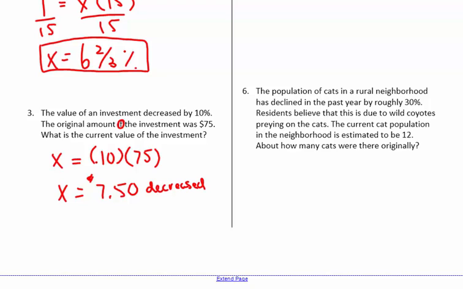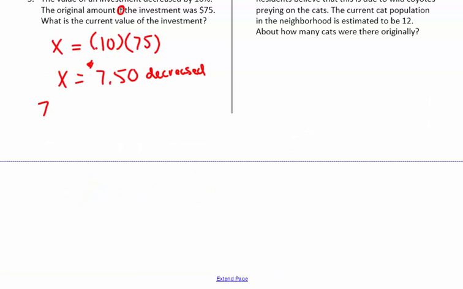Now this only tells us how much it decreased. This will not tell us what the current value is. So I take the $75, the original value, minus how much it decreased, and that will tell me the current value. So make sure that you read the question carefully and decide if what you found was the answer or how much it increased or decreased. So $67.50 would be the current value.